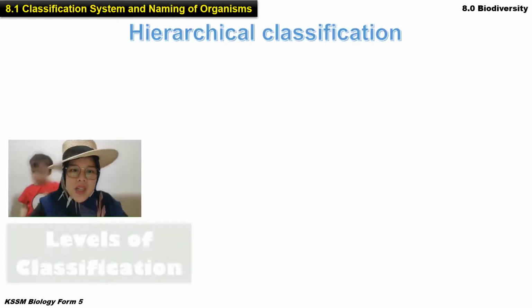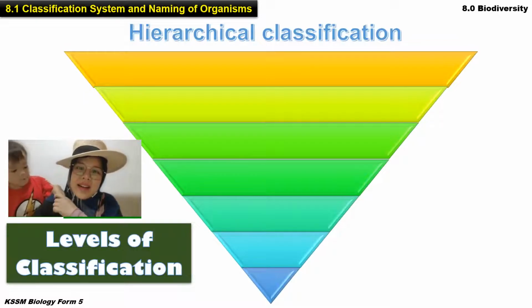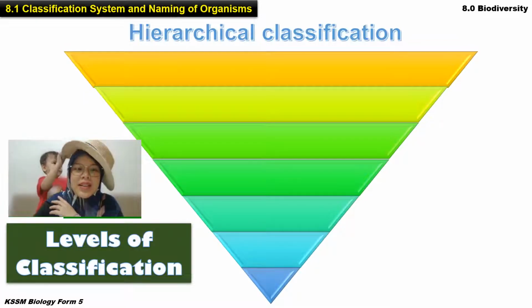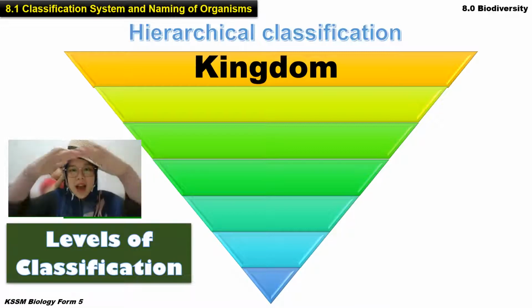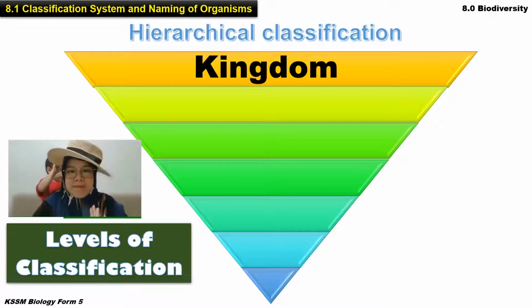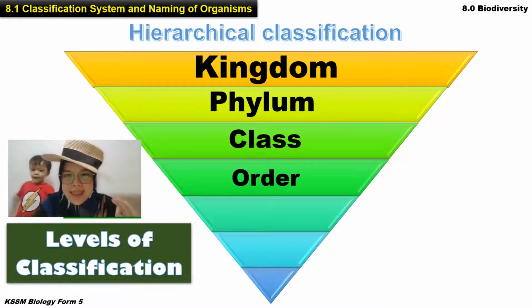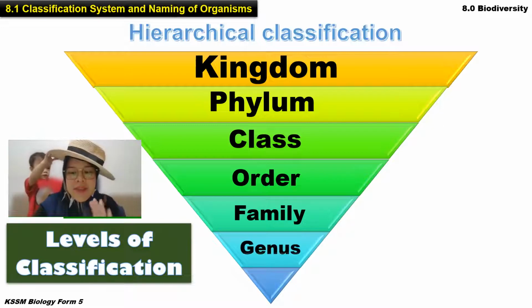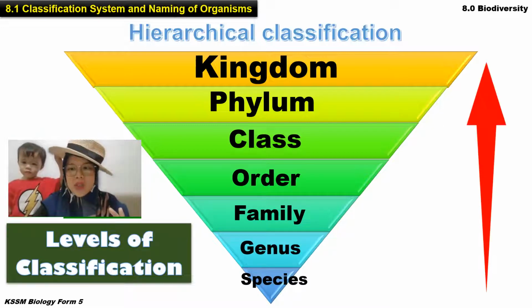Alright. So, in the hierarchical classification, the levels of classification: first, at the top, is kingdom, followed by phylum, class, order, family, genus, and the last one is species.